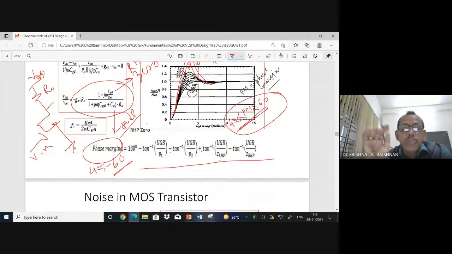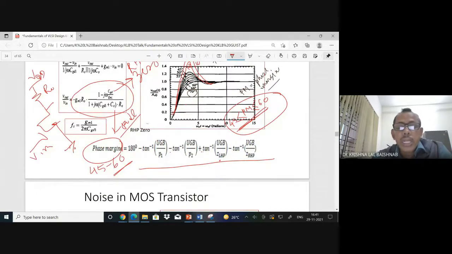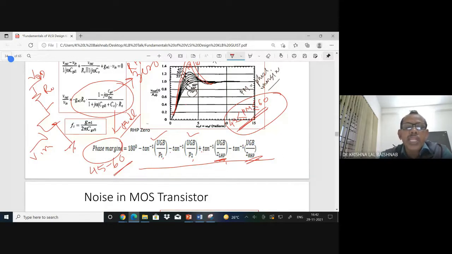Now you see that there are terms. Minus is one pole, another minus. Plus is LHP, minus is RHP. So RHP is complicating things; all negative terms are coming. Poles give me negative, fine. Zero gives positive. But RHP zero gives me negative again. So it is complicated to balance my 45 to 60 degrees.